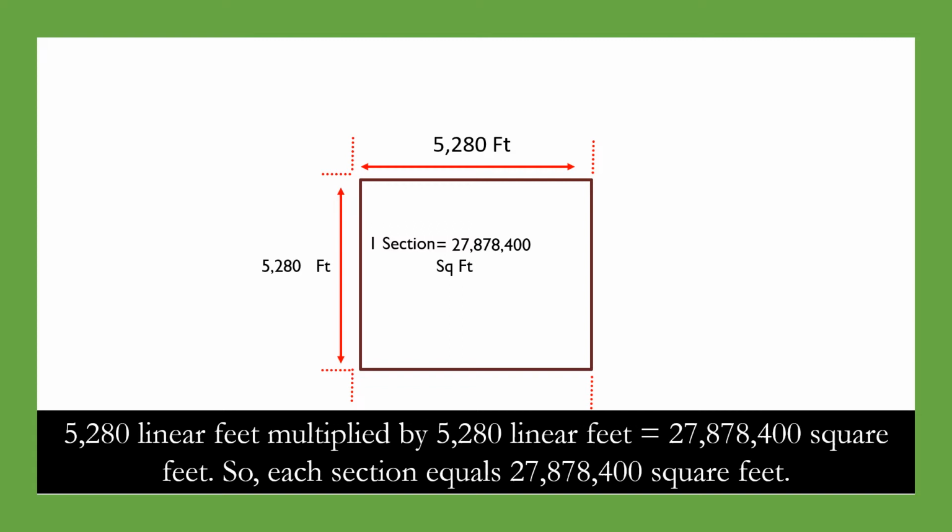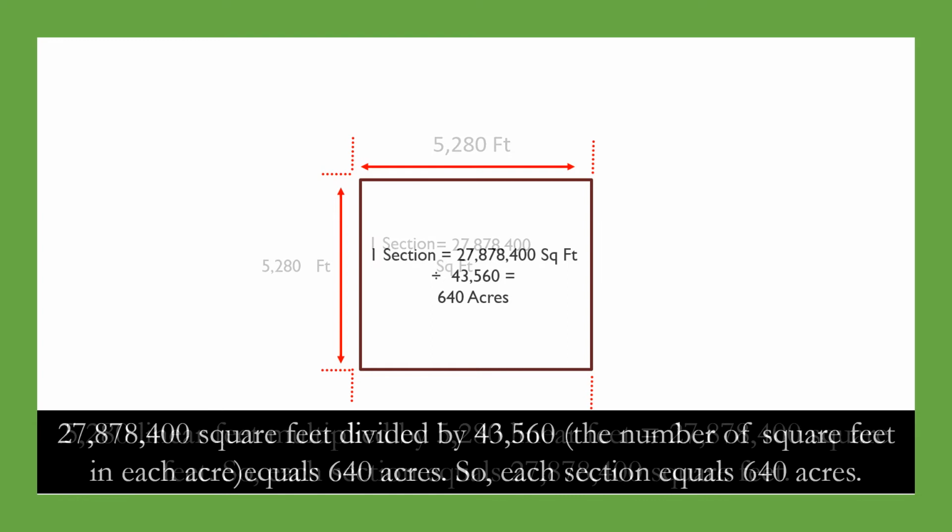So each section equals 27,878,400 square feet. And 27,878,400 square feet divided by the number of square feet in each acre, which is 43,560, equals 640 acres. So each section actually equals 640 acres.